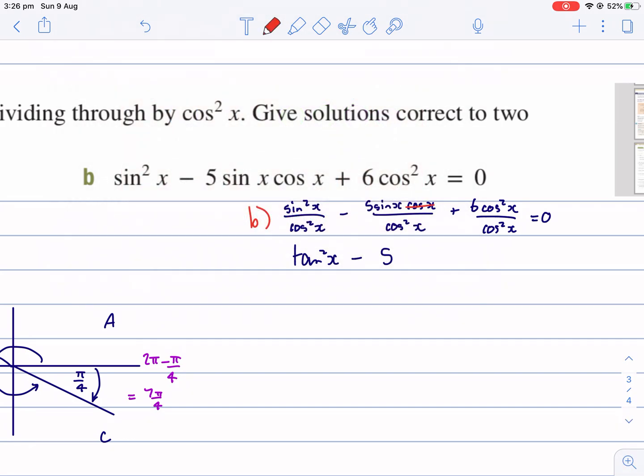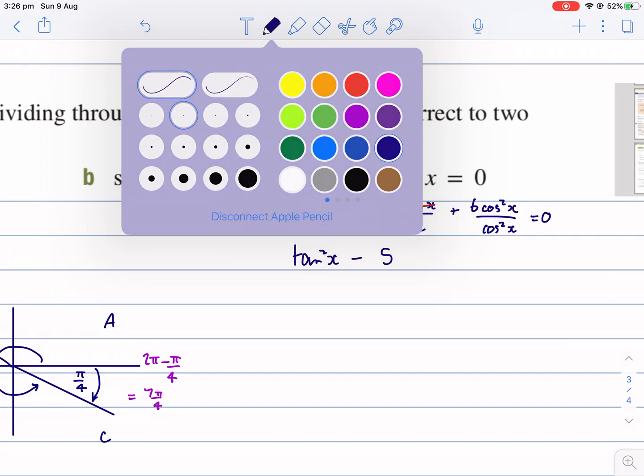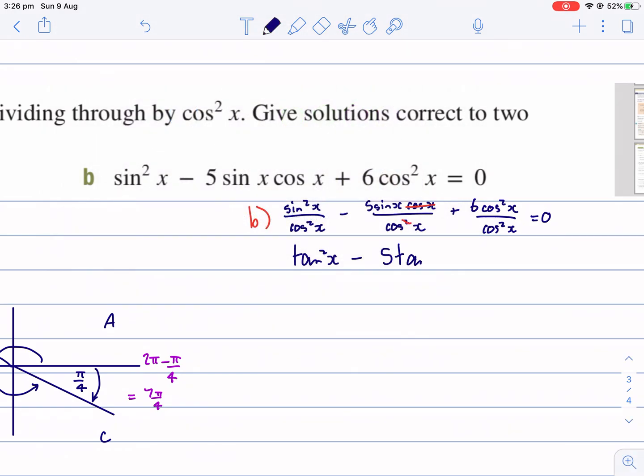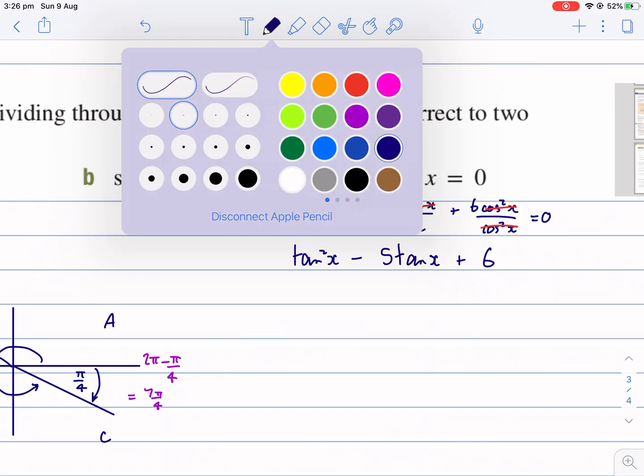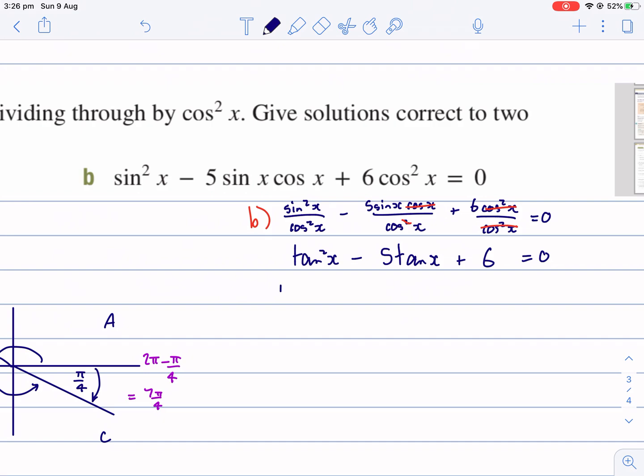Now we're going to end up with sine over cos, which is tan. And then the cos squareds cancel out. Still equals 0. So let u equal tan x. We get u squared take 5u plus 6 equals 0.